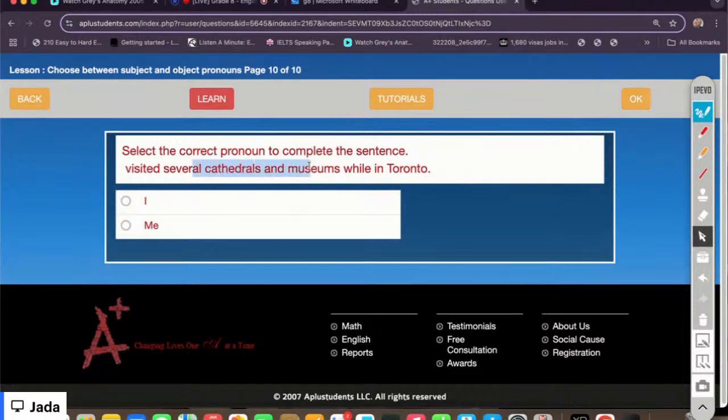Dash visited several cathedrals and museums while in Toronto. So is it I or me? Which one? So, I visited.